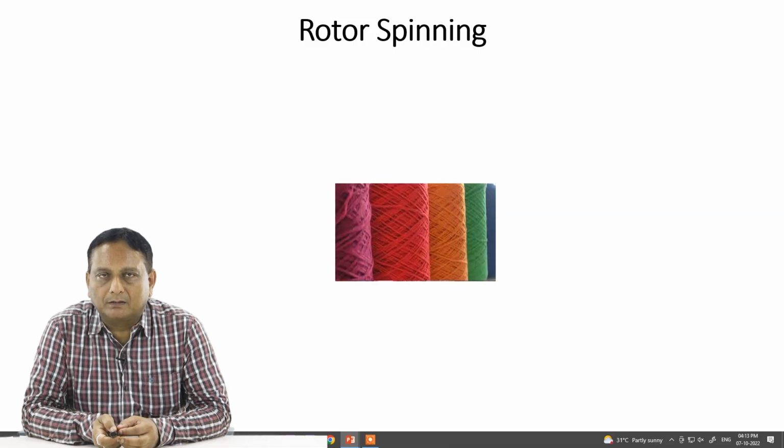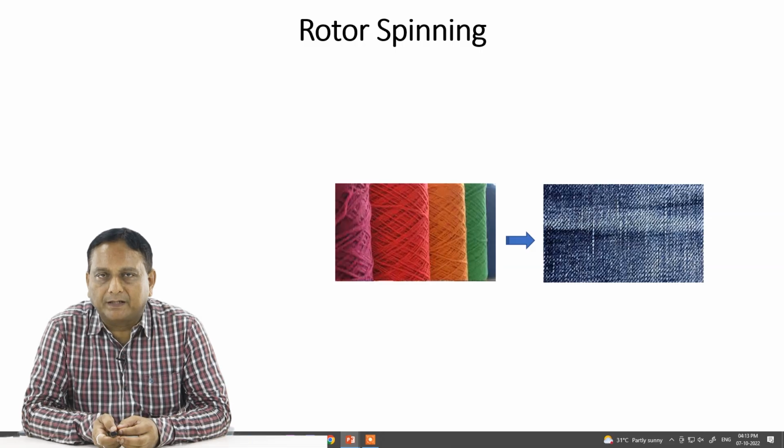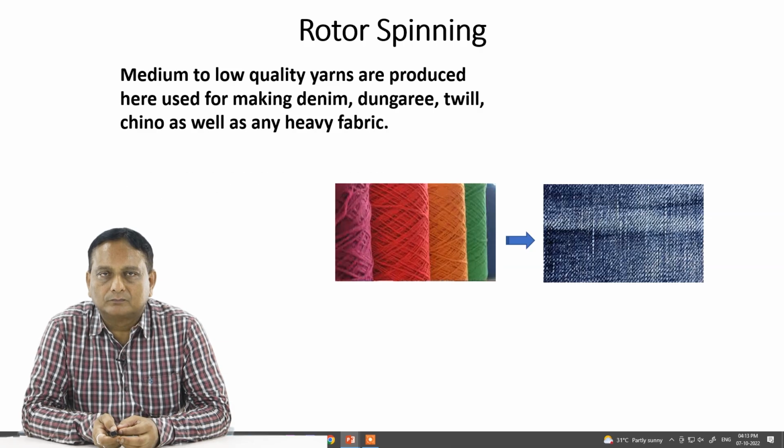Now this type of yarn, as you can notice in this image. How does rotor spinning work and what type of fabrics does it produce? Obviously you can understand, denim. Denim fabric is produced out of the rotor spun yarn.